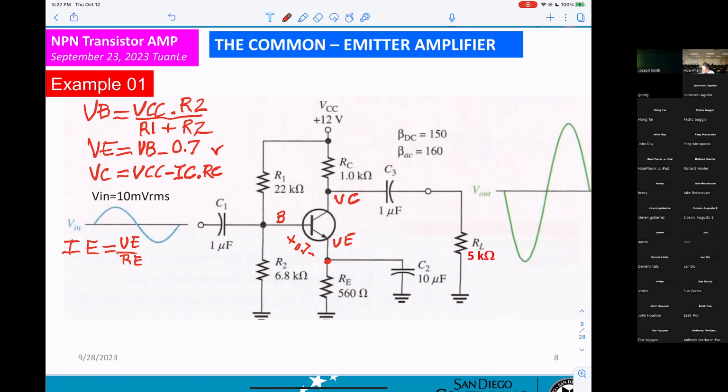And if I want to calculate the IB, the formula will be IE divided by 1 plus beta. And if you want the IC, beta times IB.